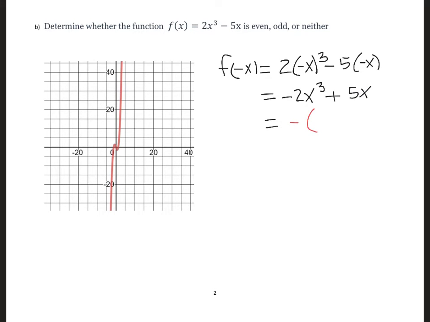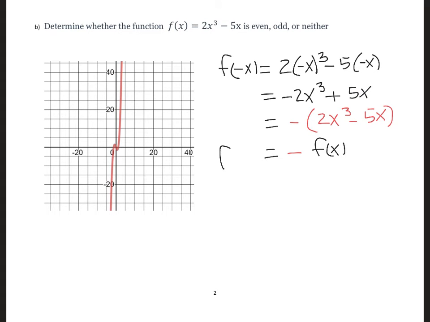So what am I left with? I'm left with 2x cubed minus 5x. And what is inside here looks like f of x, what I had at the beginning. So whatever I have here, I can write it as equal to negative f of x.